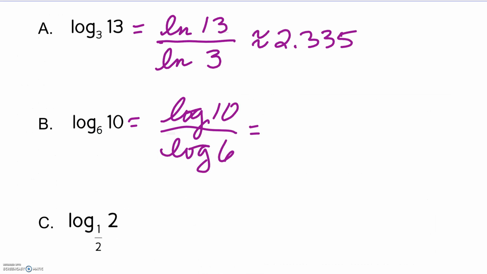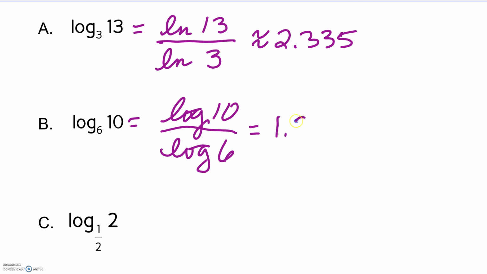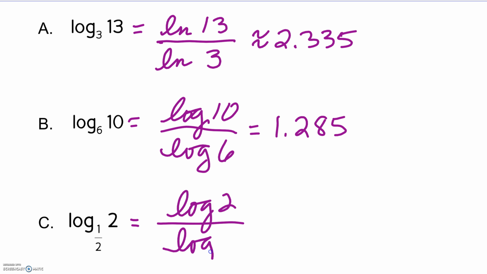Now the only other one on here is this log base 1/2 of 2. Of course, you can do that using the change of base formula as well. 1.285 is what the previous one was. This one is just the log of 2 over the log of 1/2.